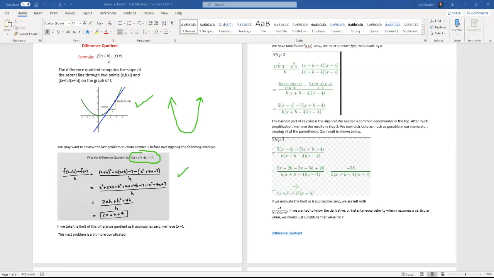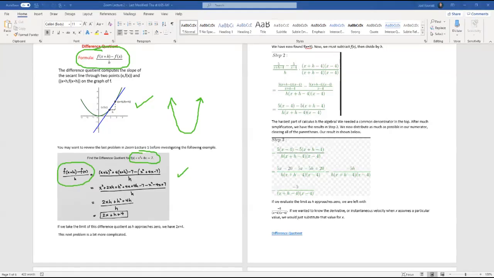We'll go back to the formula for the difference quotient. You have to figure out what f of x plus h is, subtract from that f of x, and then divide by h. So what did they do here? Well, they started off simply by writing the difference quotient because that's going to be the recipe we're working with. And all they did was go into the original equation, and in order to find f of x plus h, they substitute x plus h in wherever you see x.